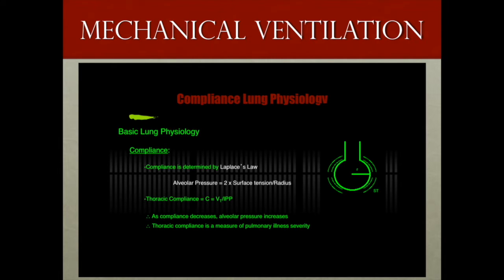So there is a clinical formula that represents compliance: the thoracic compliance, C, is equal to the tidal volume divided by the inspiratory plateau pressure, where the tidal volume is the numerator, the inspiratory plateau pressure is the denominator, and compliance is the quotient. As compliance decreases, alveolar pressures will increase for the same lung volume. Thoracic compliance is a measurement of pulmonary illness severity.